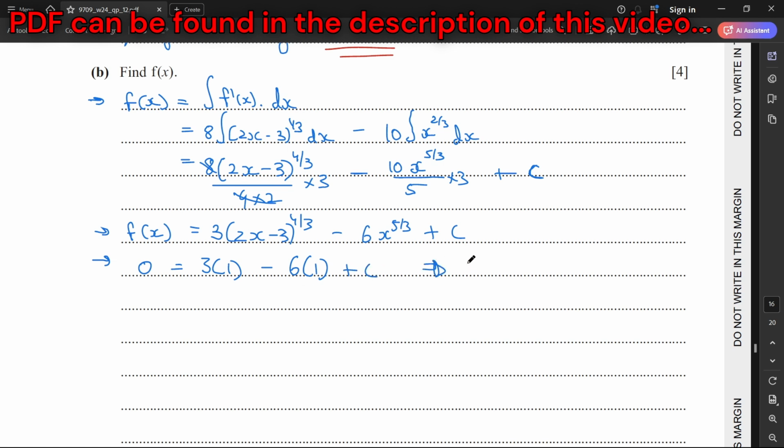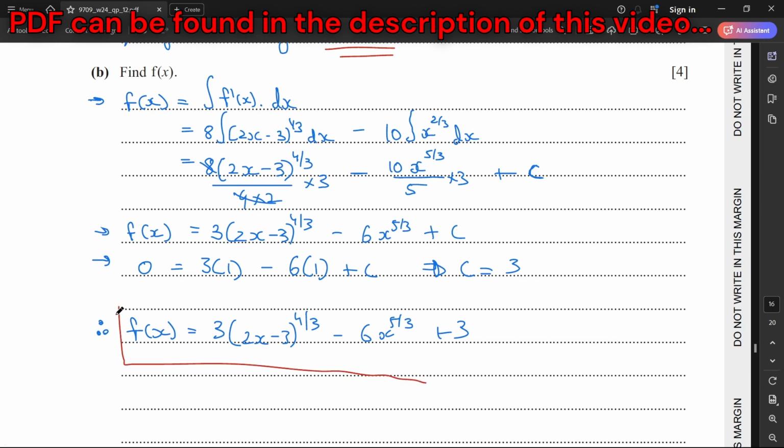So this implies the value of c will come out to be 3 minus 6, which is minus 3, so c will come out to be 3. And therefore your function is equal to 3 times (2x minus 3) to the power of 4 by 3 minus 6 times x to the power of 5 by 3 plus 3. And that is your final answer to part B.